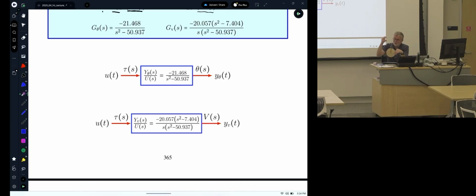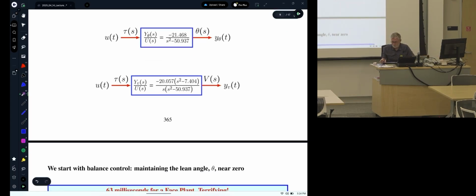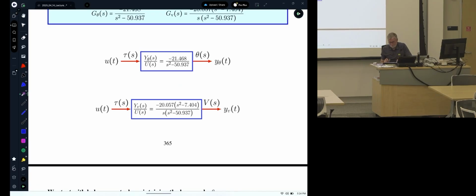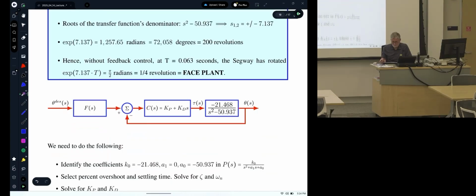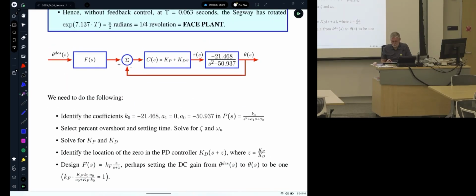Now, if you're going fast and you fall off, I agree there's some issues there, but still, in the whole scale of things, keeping this thing upright allows you to then potentially start thinking about regulating the speed. So the first thing we're going to focus on is balancing the Segway.